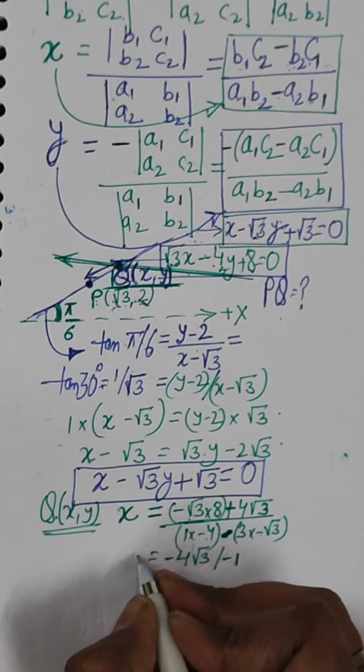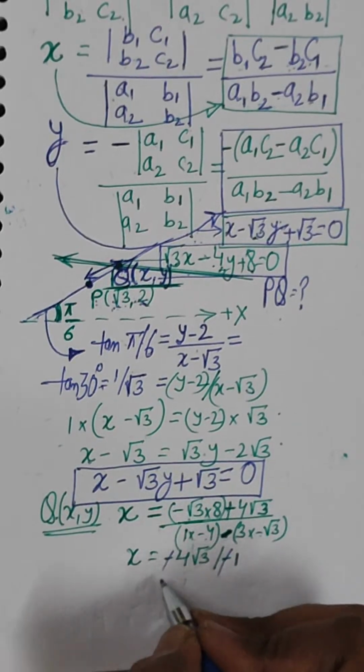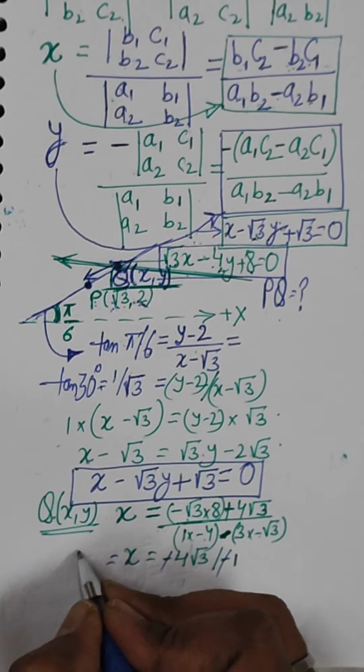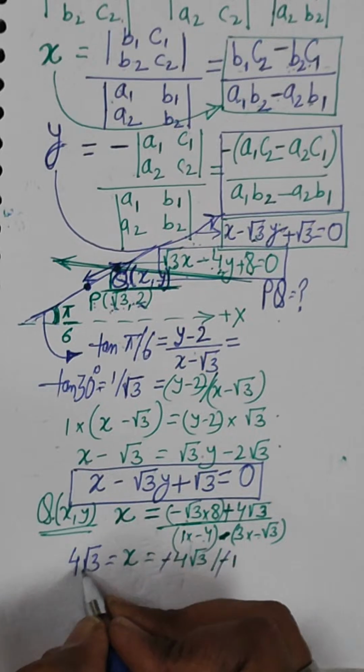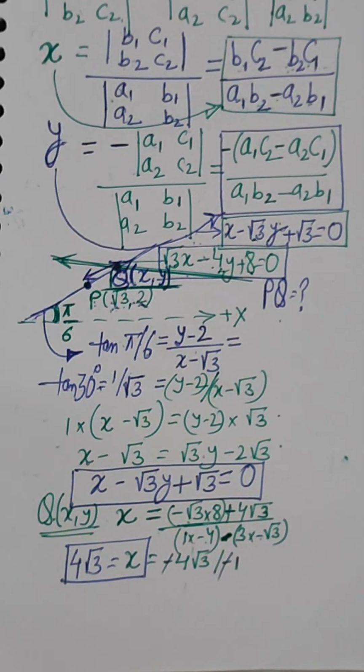So the coordinate of x is calculated, minus minus will be cancelled, and x is equal to nothing but 4 times root 3, right? X is evaluated.